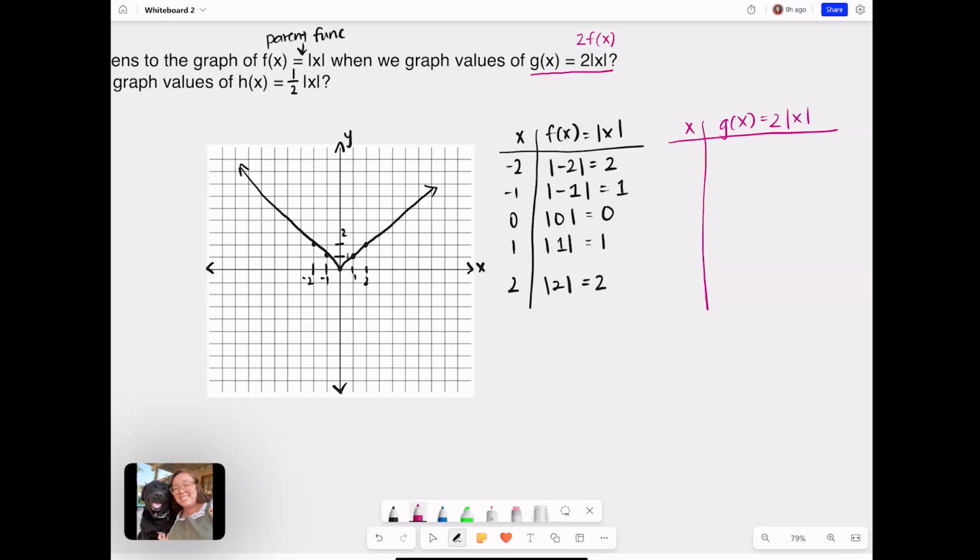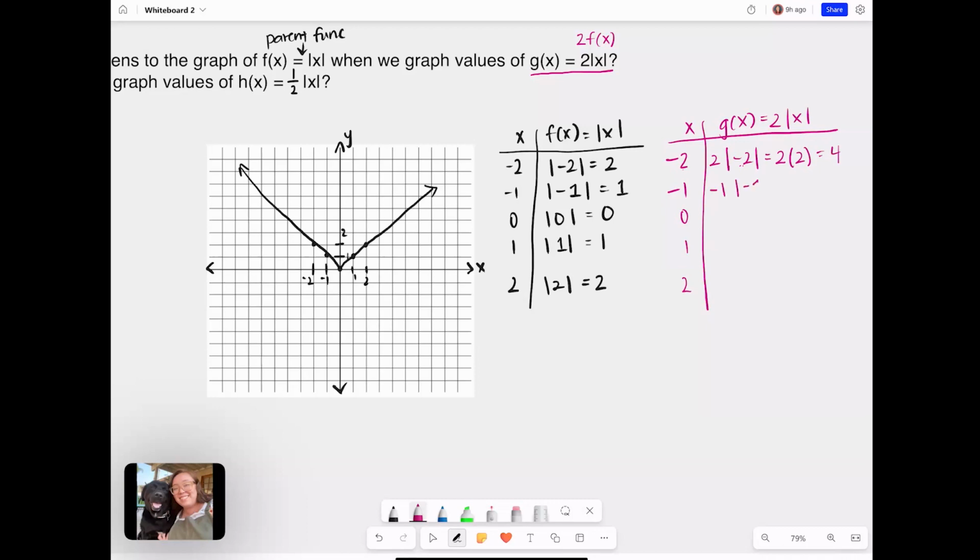So let's use the same values. We've got 2 times the absolute value of -2. I do absolute value first, so that's the one outside, and I'm going to rewrite that as a parenthesis. Times this absolute value, 2, which is 4.